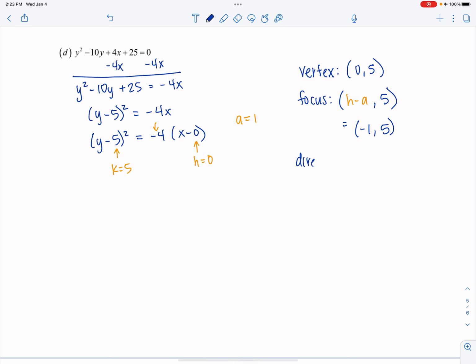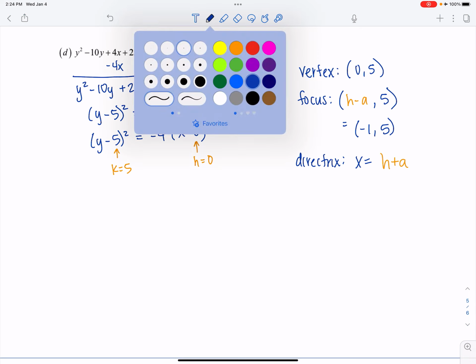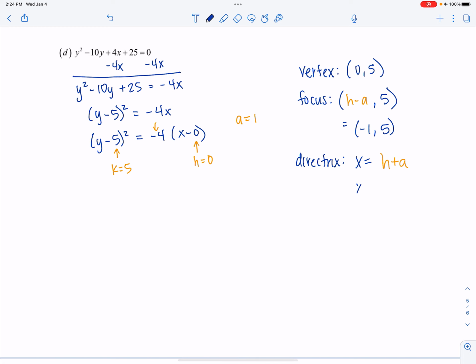And lastly, our directrix is going to be x equals the h plus a, and h plus a is 1.